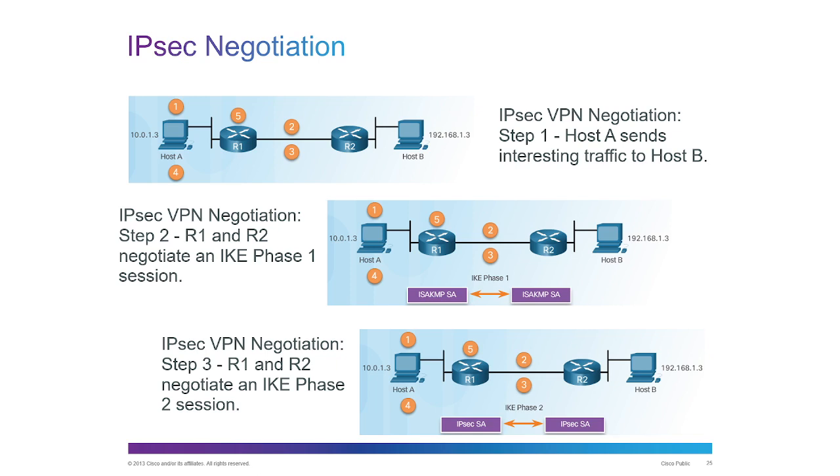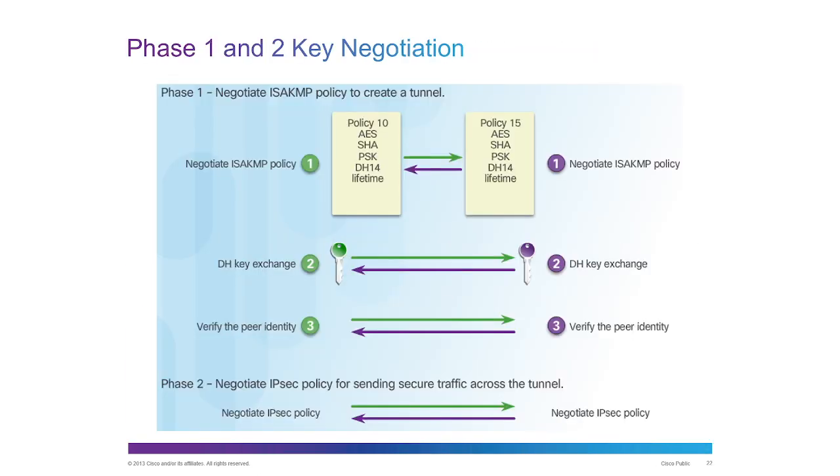But then when that communication needs to happen, the routers involved between these two entities will have to go into phase one of negotiation to establish the parameters. Phase one is where we negotiate the policy, do the key exchange, and verify the identity. So first, that will need to happen.